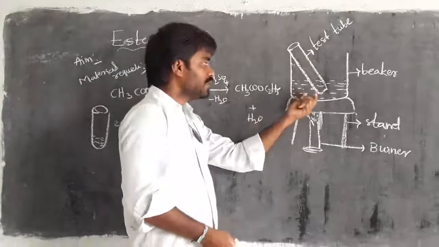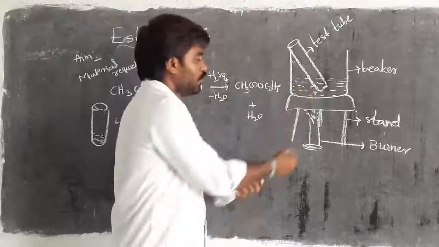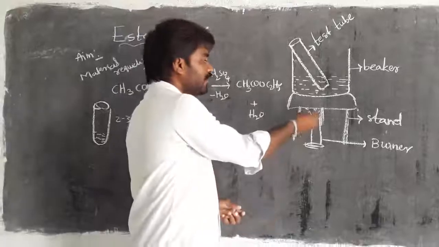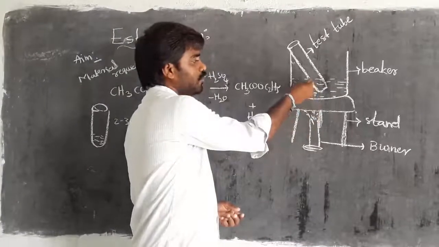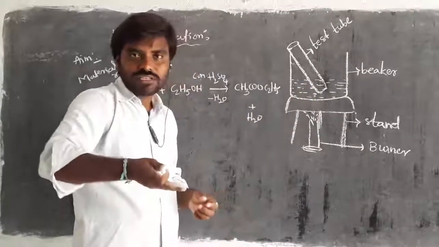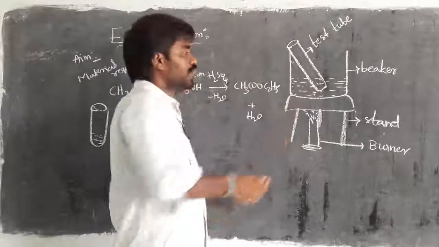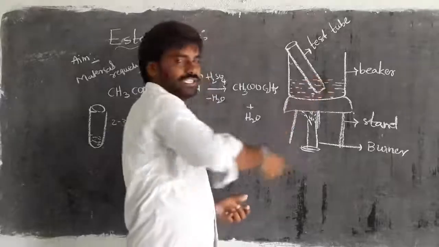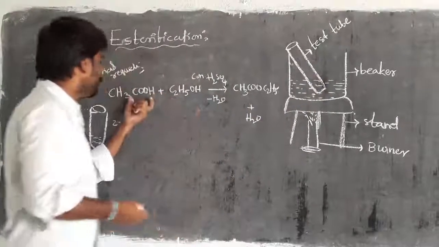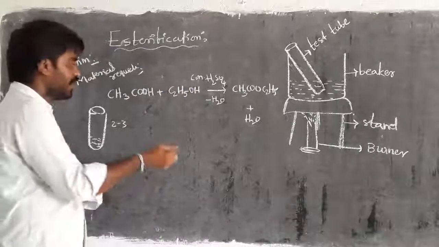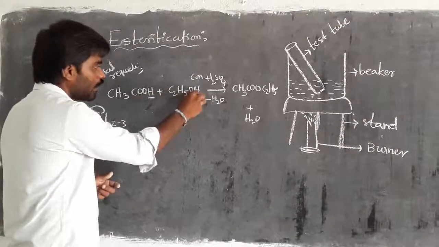A water bath means a beaker filled with water. When you place the test tube in the water beaker, you slowly arrange the fire. Then the heat provided slowly raises the water temperature. On rising of water temperature, it also heats these two chemicals, and ultimately these two react. On reacting, here H is there, here OH is there.